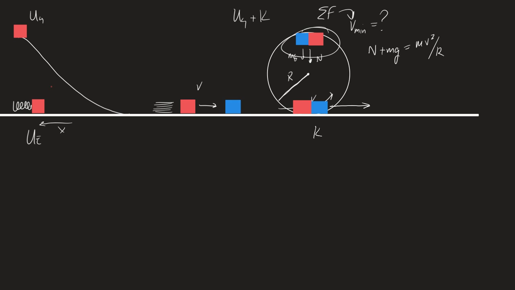Although there are two objects here, because they're stuck together, they are effectively a single object moving from one location to another. Everything about it screams conservation of energy. You're interested in the velocity, and the object changes height. Those are your clues that it's conservation of energy. You'll set the state of the energy at this portion of the problem to the state of the energy at that part of the problem. They should be equal.